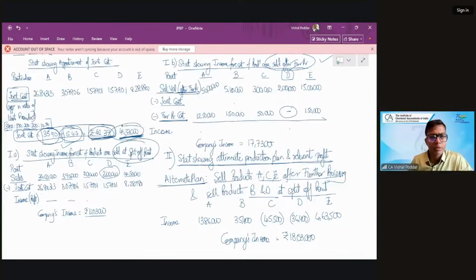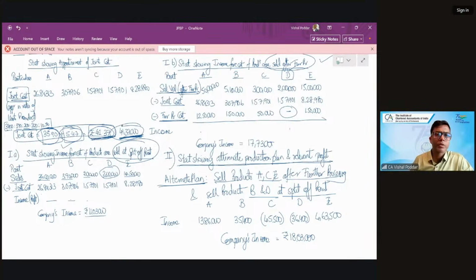Same here. So taking these joint costs, now we find out profits.